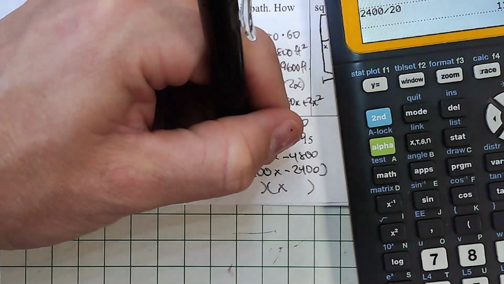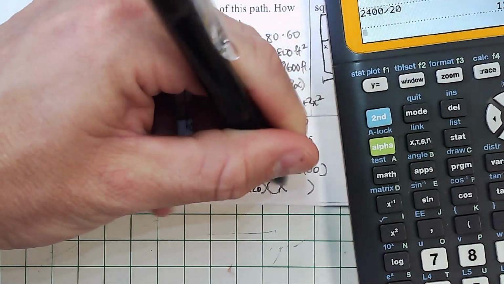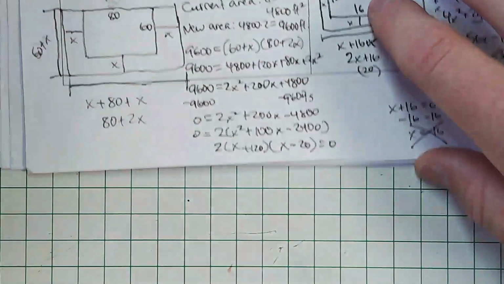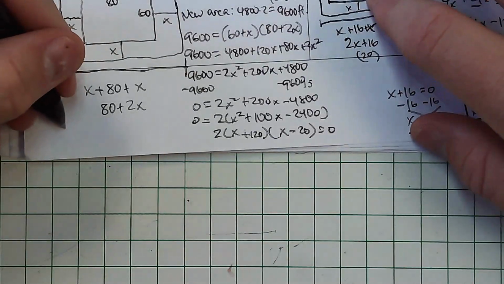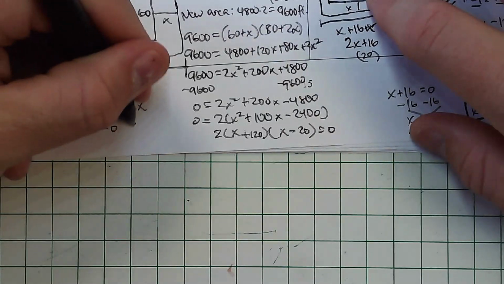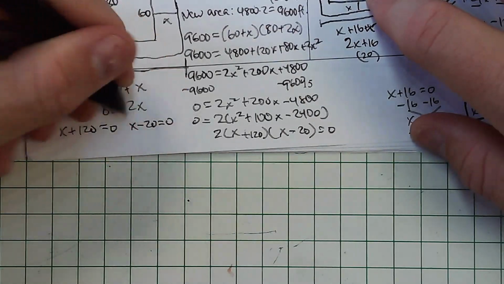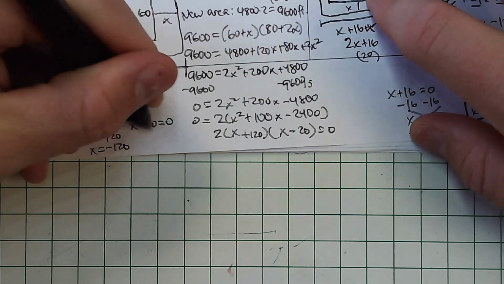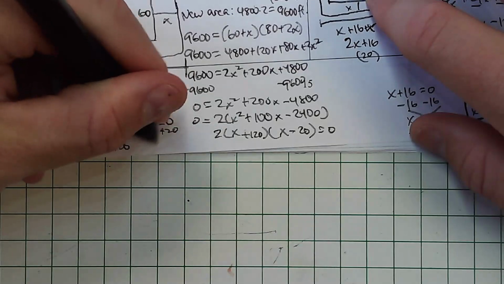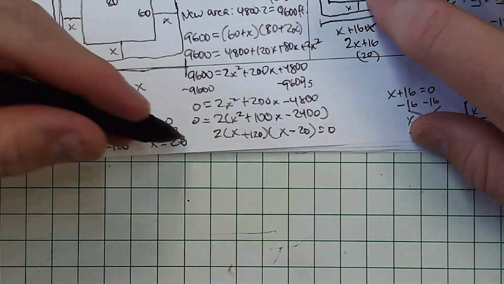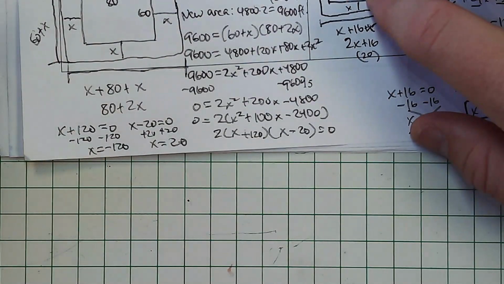I need a plus 120 and then minus 20. So set each of these equal to 0. This 2 just goes away. So subtract 120, X equals negative 120. X equals 20. I got 2 answers: X equals negative 120 and X equals 20.